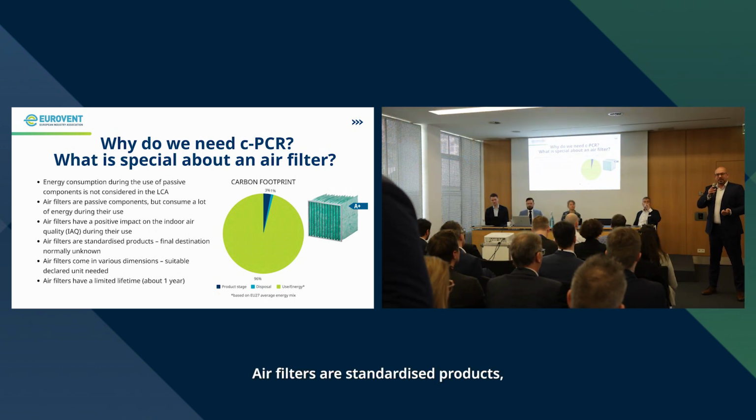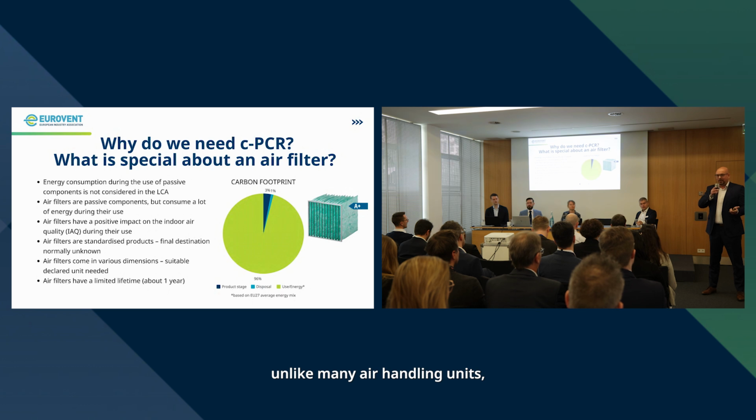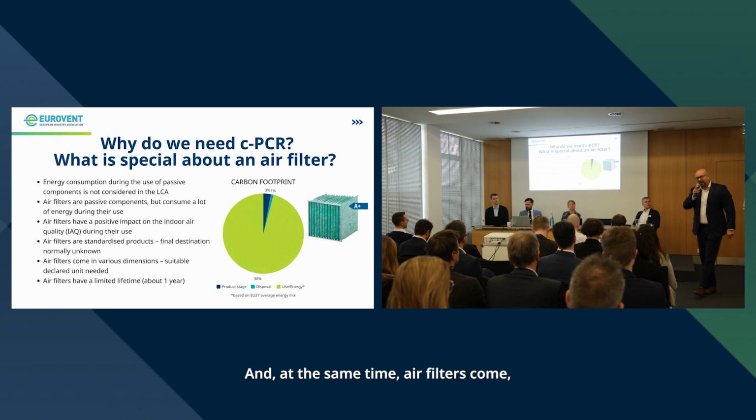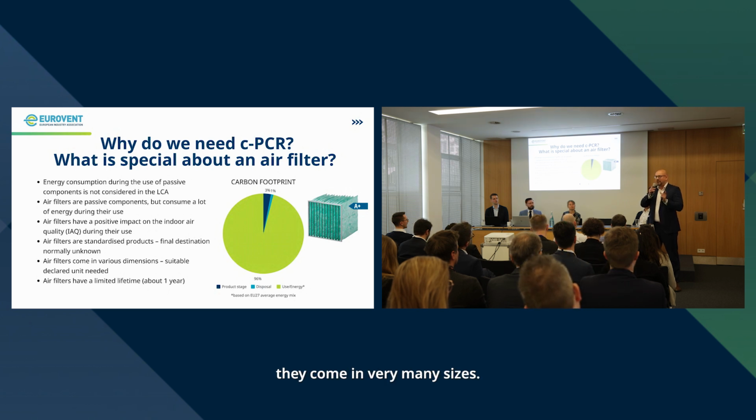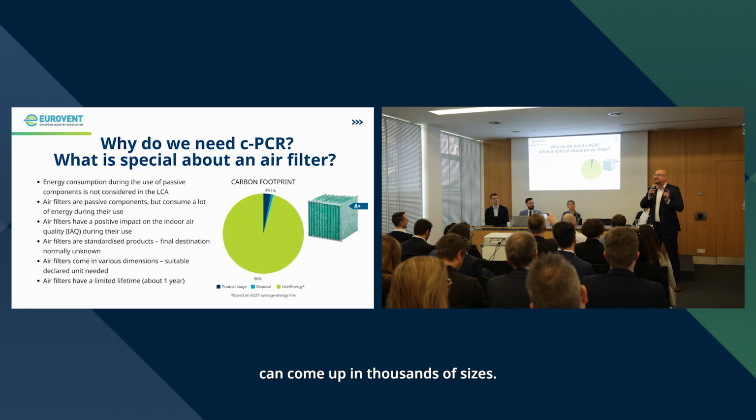Air filters are standardized products. Unlike many air handling units, we cannot know where the air filter actually goes. At the same time, due to the different types of air handling units, air filters come in very many sizes, which means if you have, for instance, a panel filter, technically the same product can come up in thousands of sizes.